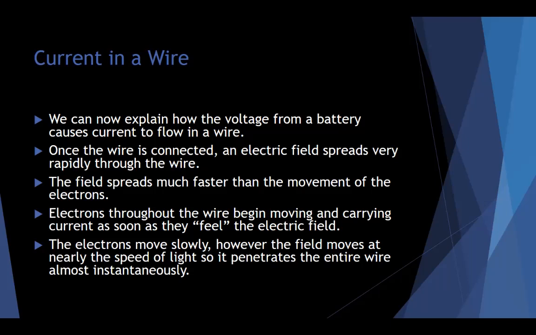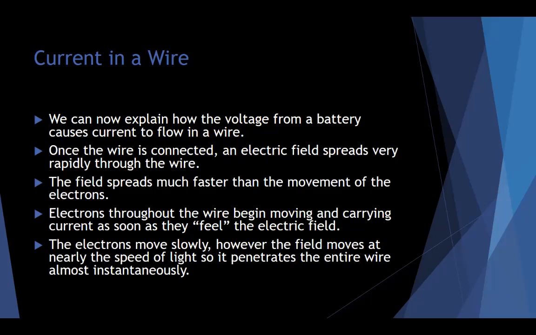And because of this, the electrons throughout the wire begin moving and carrying current as soon as they feel the electric field, which is why when you turn on the light switch, the light seems to go on instantaneously. Because as soon as you complete the circuit by turning on the light switch, the loop is closed, the electric field already exists, and the electrons start moving.